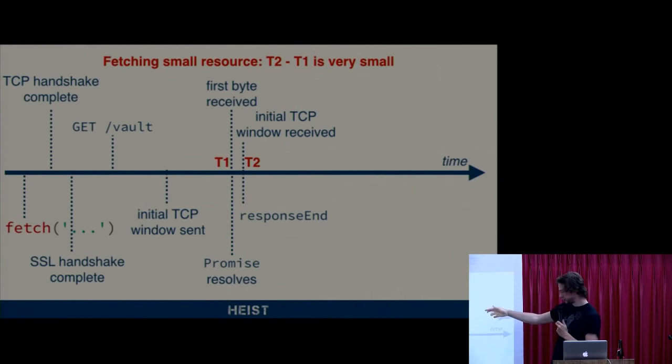And then, because the resource fits in a single TCP window, the difference between T1 and T2 will be very small, because only a single, not an additional, round trip is required.